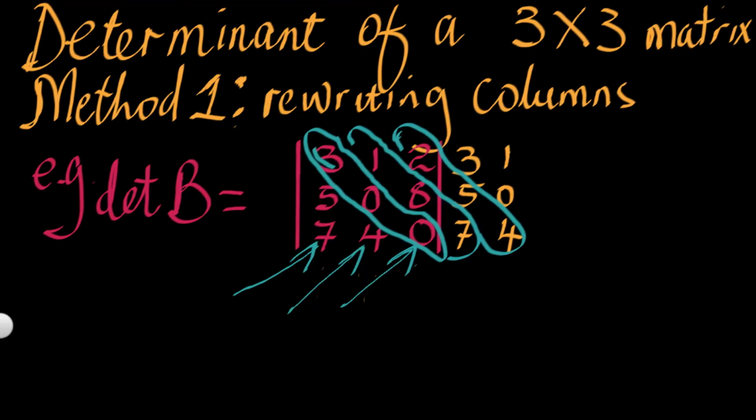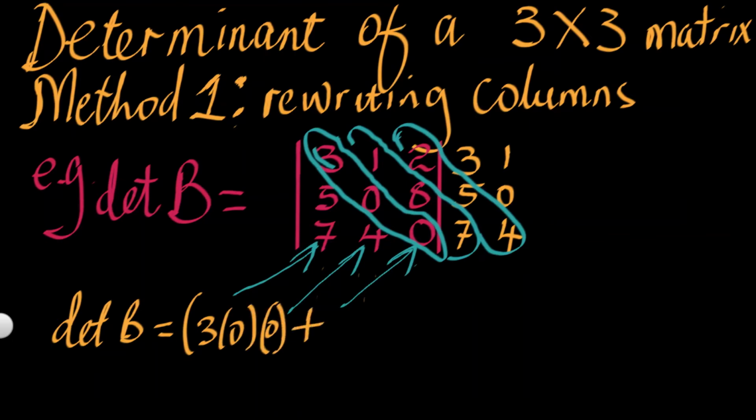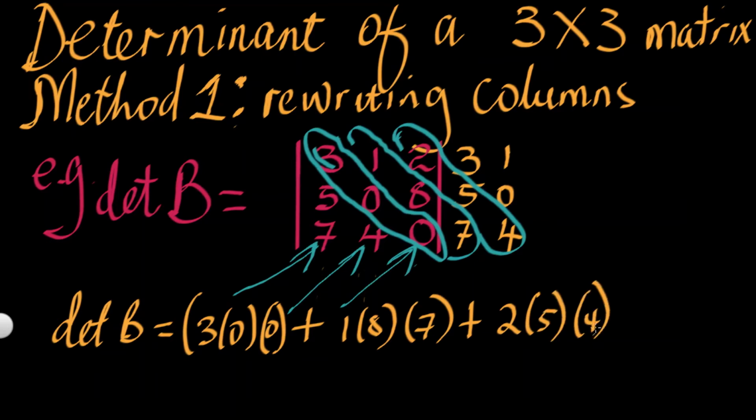So in this case, we have det B equals 3 by 0 by 0, plus 1 by 8 by 7, plus 2 by 5 by 4.